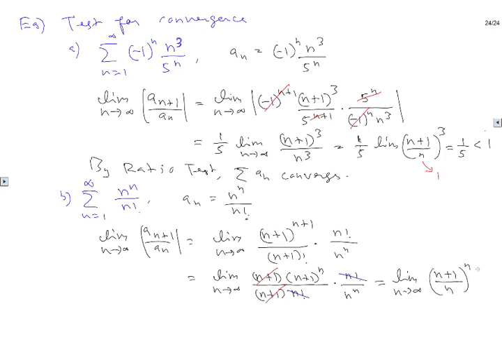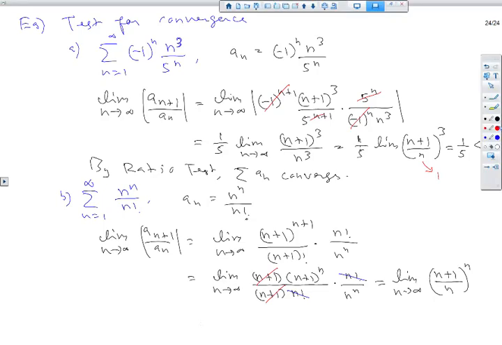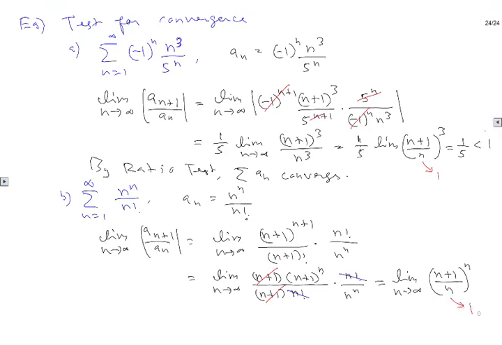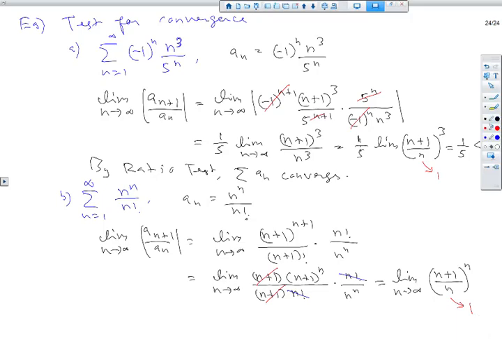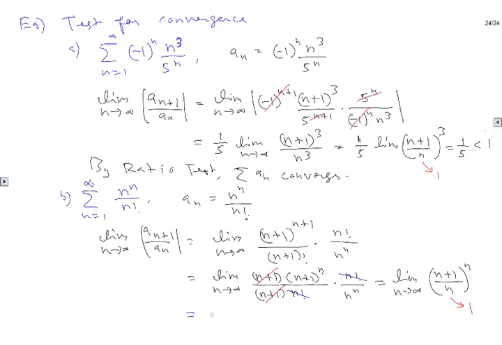Okay, so what is this? This is different from the previous case. We know that the limit of the inside function goes to 1, but this is to the n power, so this is a slightly different situation. So in this case it's not 1. We can write this as the limit as n goes to infinity of 1 plus 1 over n, to the n.